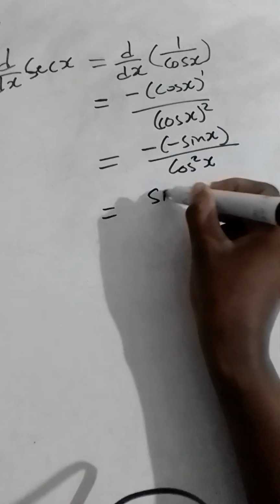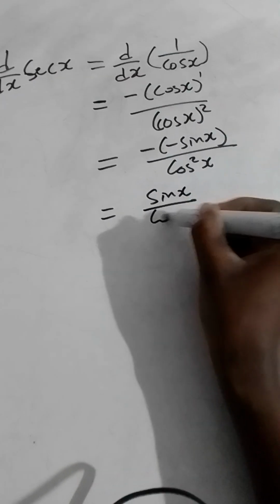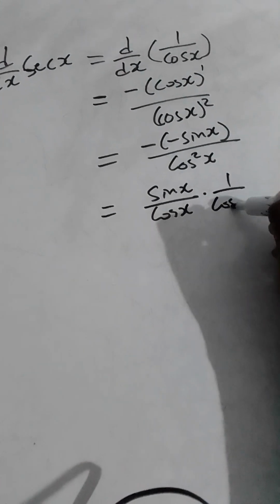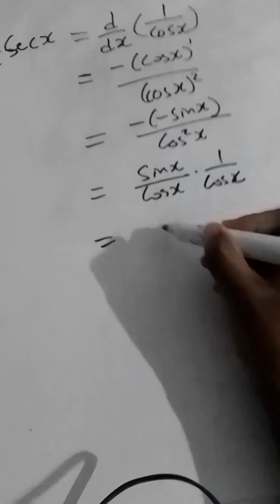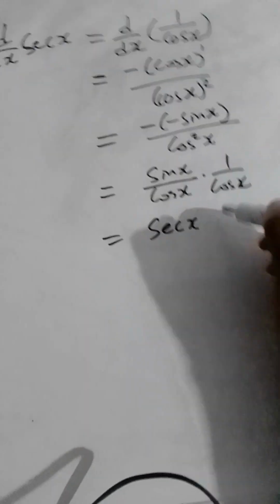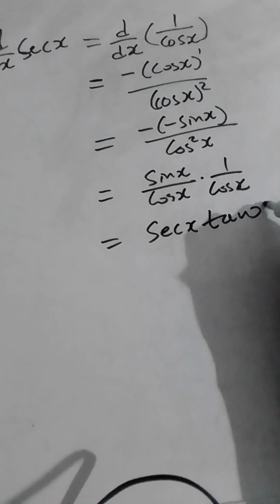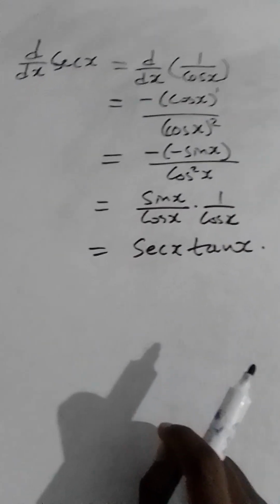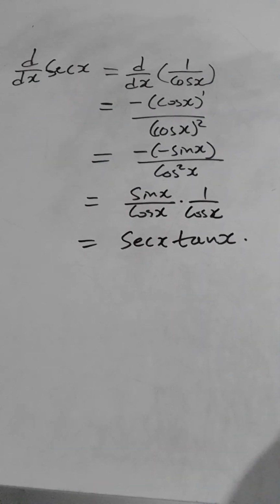And this gives you sine x over cos x times 1 over cos x. And this one here is tan, and this one is sec. So sec x tan x. So the derivative of sec x is sec x tan x. And so that is how you find the derivative.